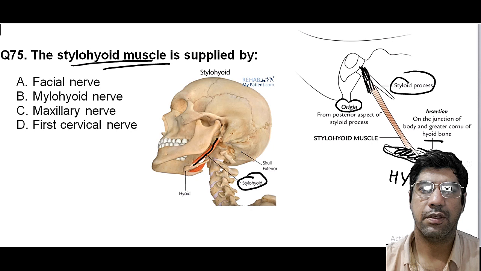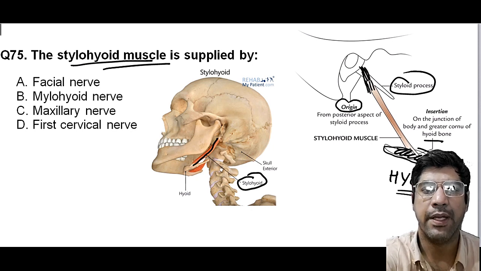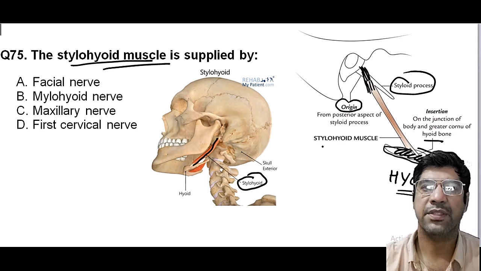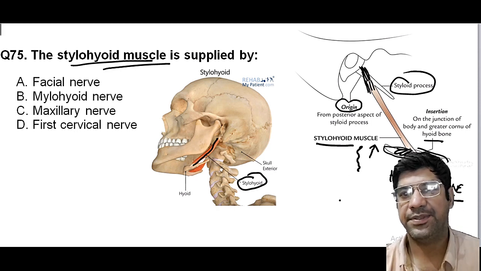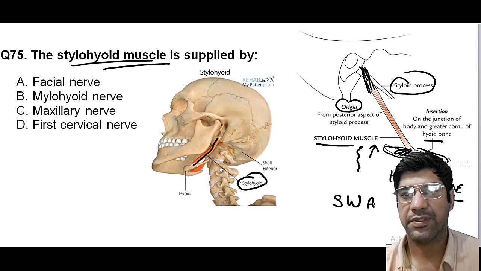Imagine you are about to swallow a big bite of your favorite food. Your stylohyoid muscle helps to lift the hyoid bone upward. It is just like an elevator that carries the hyoid bone upward, which helps in the swallowing process.